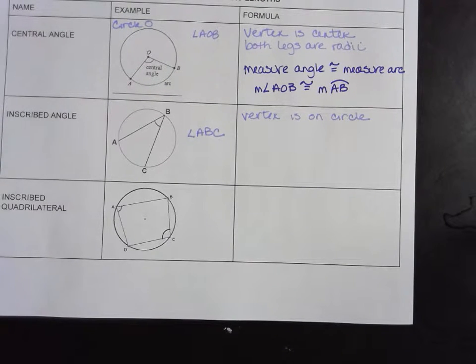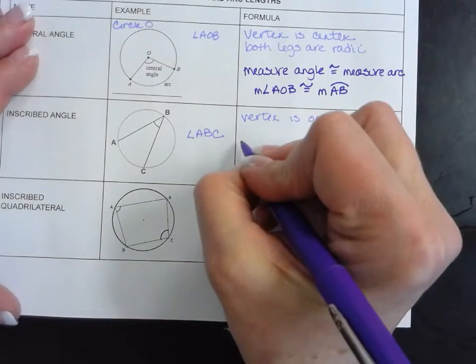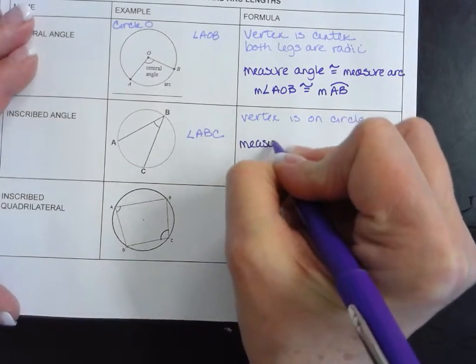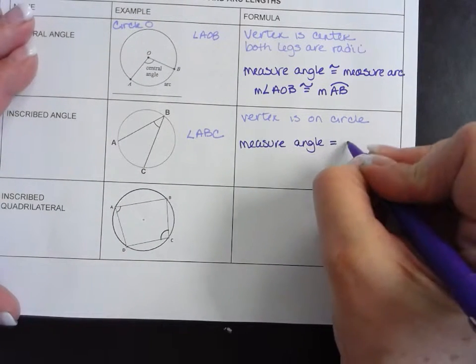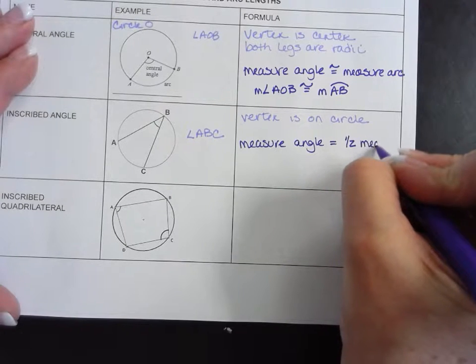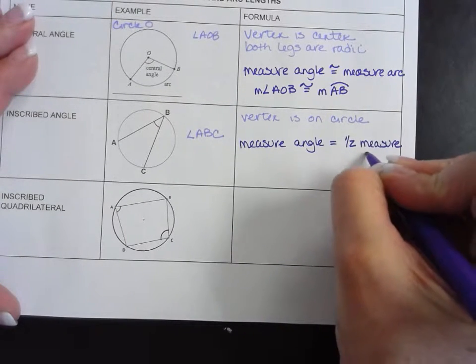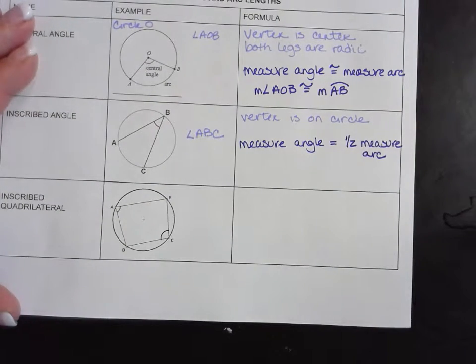And what do we know about inscribed angles? They're half, absolutely. So the measure of the angle is equal to 1/2 the measure of the arc.